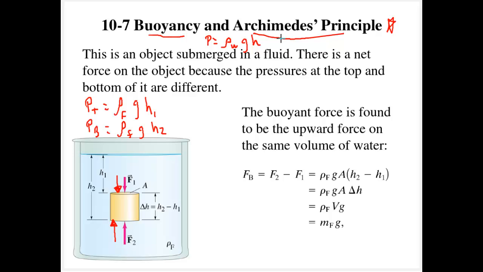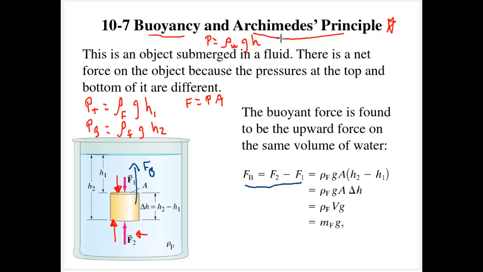And we also know that the force is going to be the pressure multiplied by the area. So this force 2 is going to be larger than force 1, so we're going to be left with some net force, some buoyant force in the upwards direction, FB right here, and that's simply going to be force 2 minus force 1.